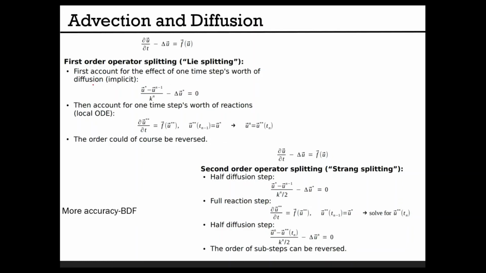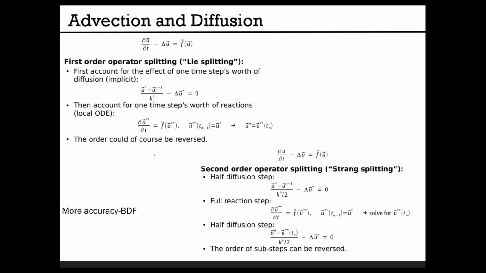So for Lie splitting, I have said that it solves one full step with one full step. So first we account for the effect of one step's worth of implicit diffusion, and then it can be solved by the local ODE. Say for example, a reaction in a combustion engine where gasoline is burned, and there could be various types of equations for diffusion and advection.